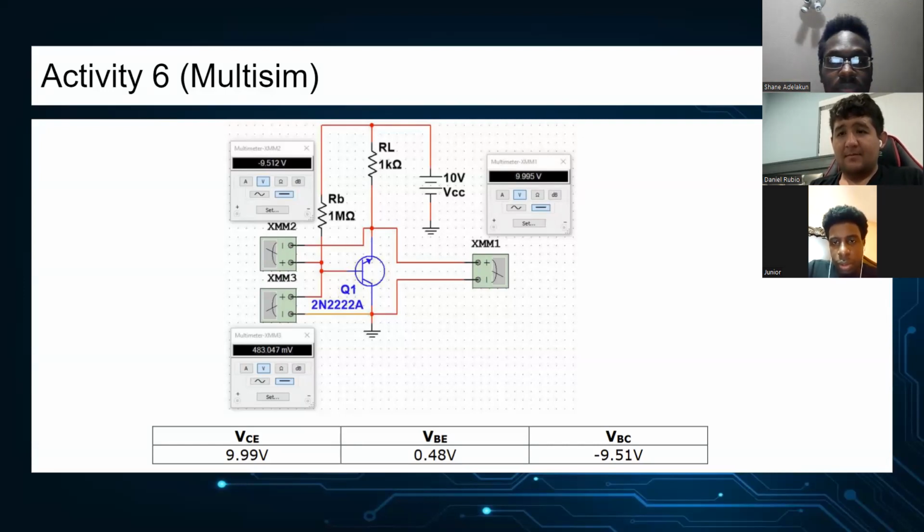VCC is 10 V, and as you can see, these are the results below: VCE 9.99 V, VBE 0.48 V, and VBC negative 9.51 V. You can go ahead and move forward.